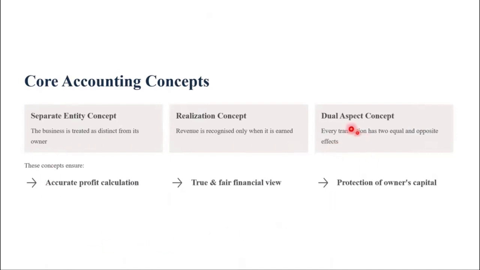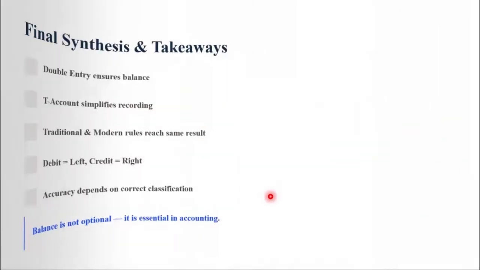By following these principles and the double entry system, a business ensures its records are not just numbers on a page, but a true and fair view of its financial reality. It allows for the accurate calculation of gross profit and net profit, helping the owner understand if their capital is being used effectively or not.